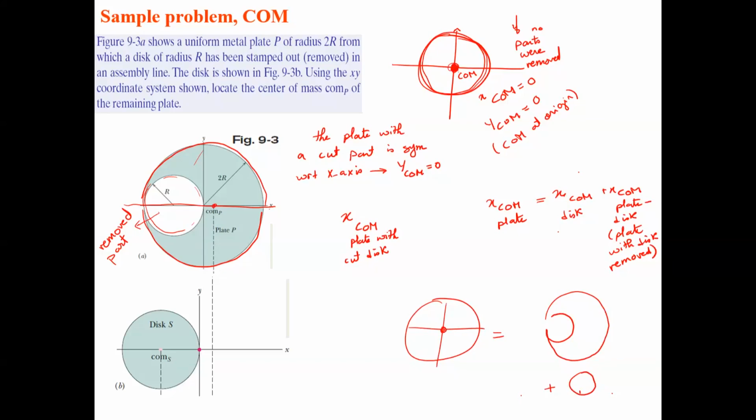I'll say the center of mass here, which is none other than 0, by the way, is equal to the center of mass of this arrangement with the disk removed, plate with disk removed, plus x of the center of mass of the removed disk alone. Does this make sense? This plus this arrangement gives you the full disk again.